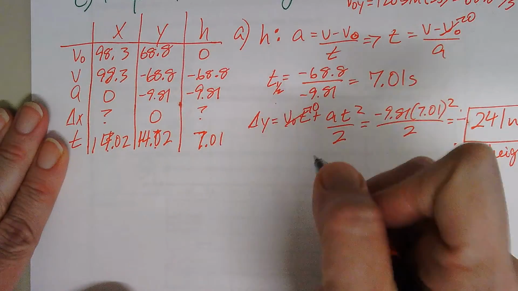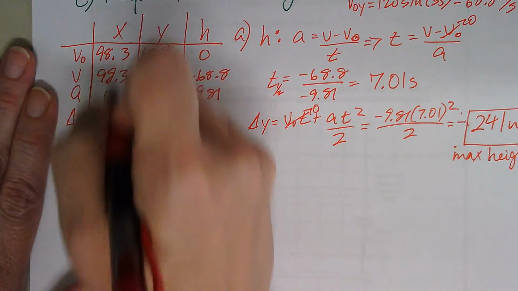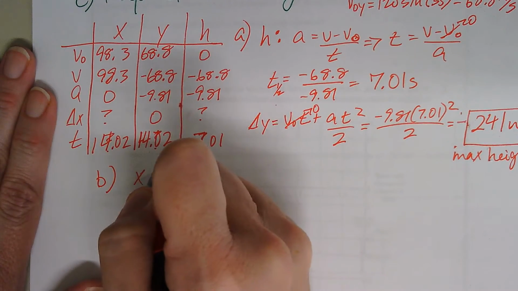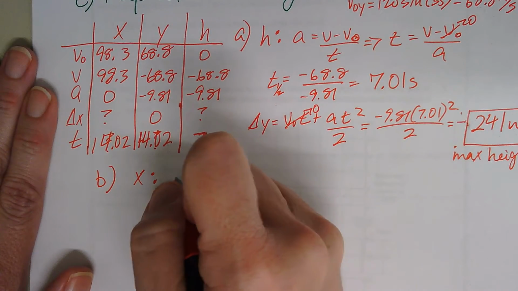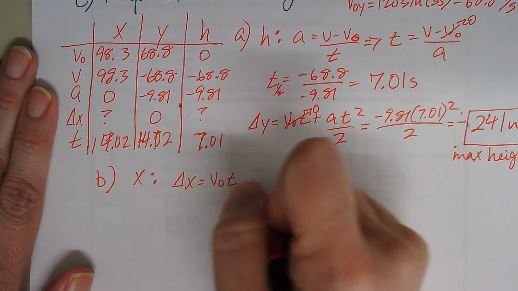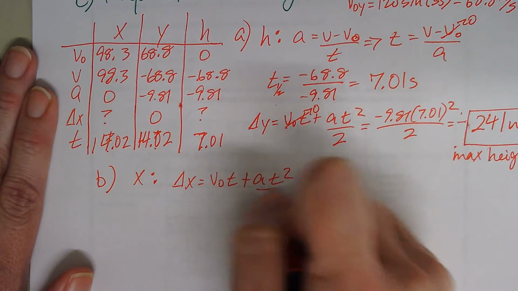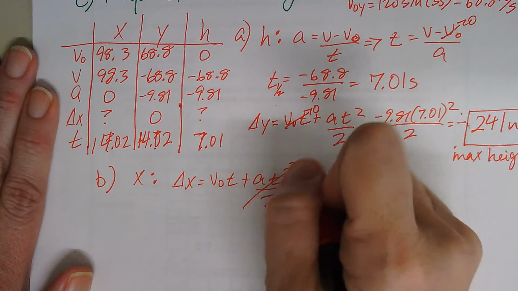So for part B, I can use just my X data. And so my range, I can think of it as like delta X equals V naught T plus AT squared over 2. But now my acceleration is 0, so this whole thing just factors out.